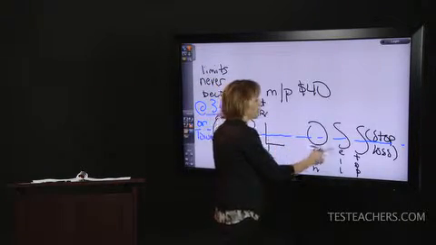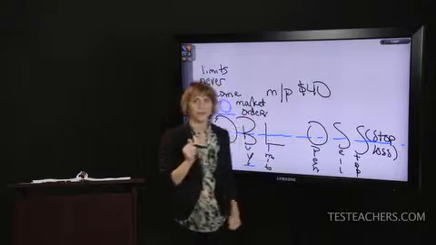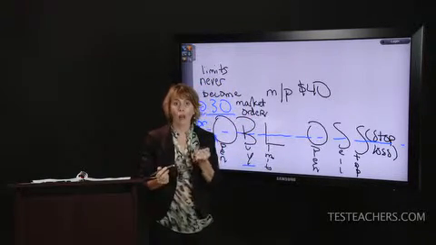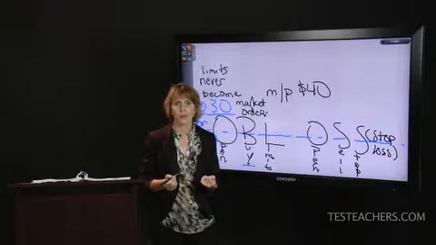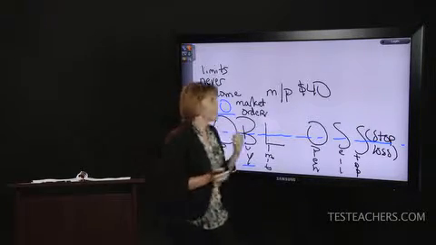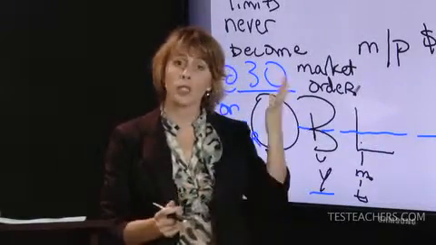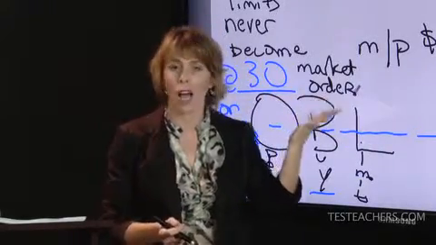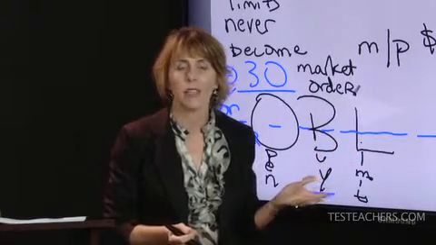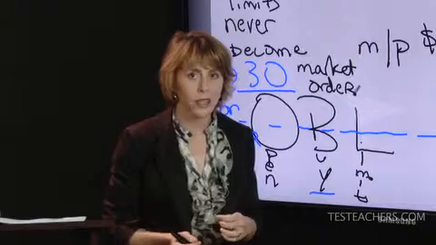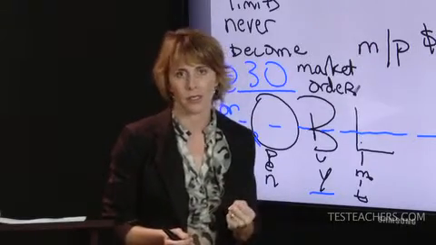An open sell stop. Let's say you have an inventory position in a stock. So you're long a stock. You own the stock. And, well, let's just say you bought it today at 40. You hope the stock goes up. You are bullish on the stock or you would have never bought it. If the stock price starts to go down, the best thing you can do is limit your loss.